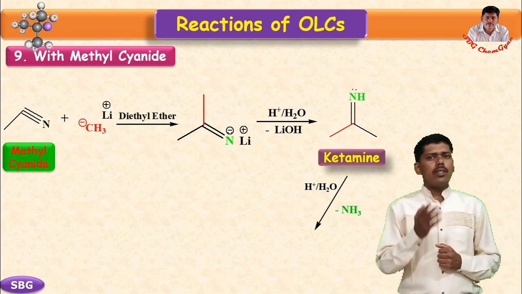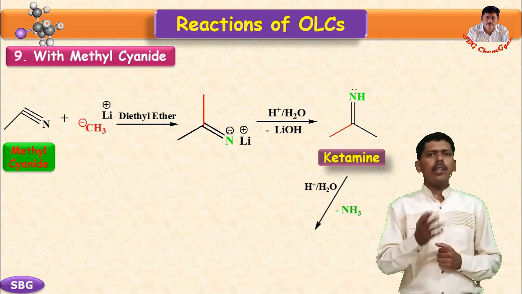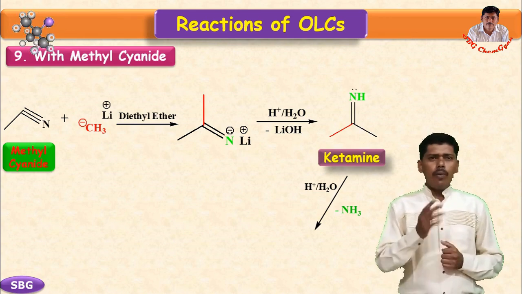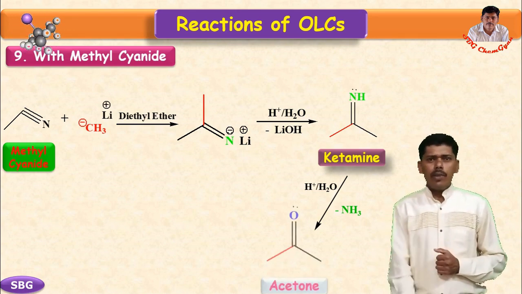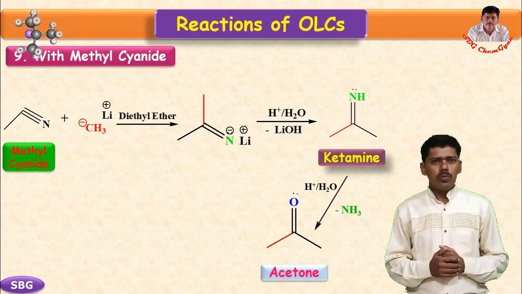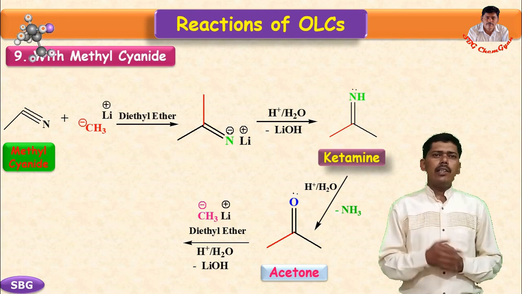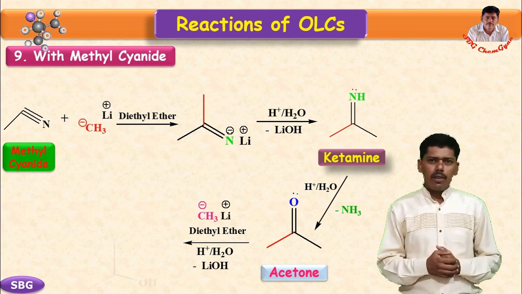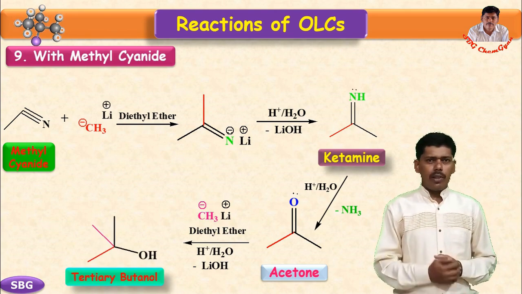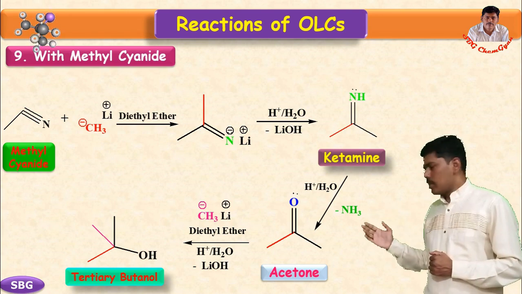Further hydrolysis of ketimine with dilute mineral acid gives acetone. Another molecule of methyl lithium reacts with acetone in diethyl ether, followed by acid hydrolysis, gives tertiary butanol, which we can see in this reaction.